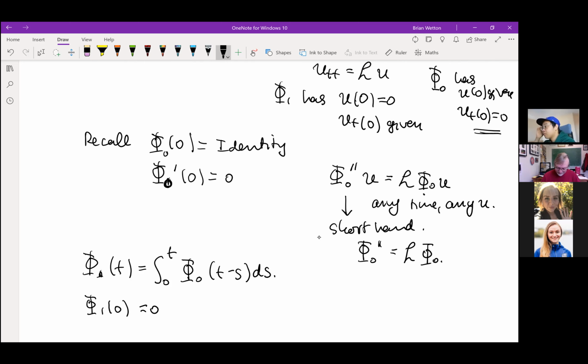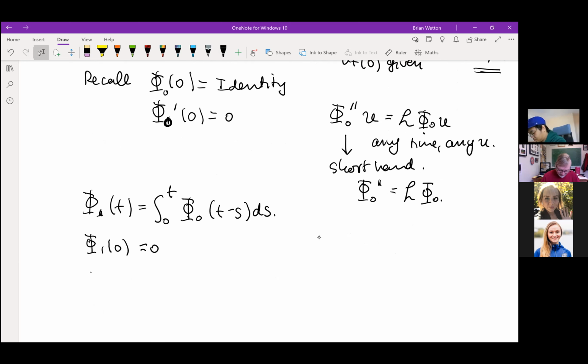That's 0. Okay, well, that's what we wanted. I can take its time derivative. That's got two pieces. I've got phi0 at t minus t. That's the identity.